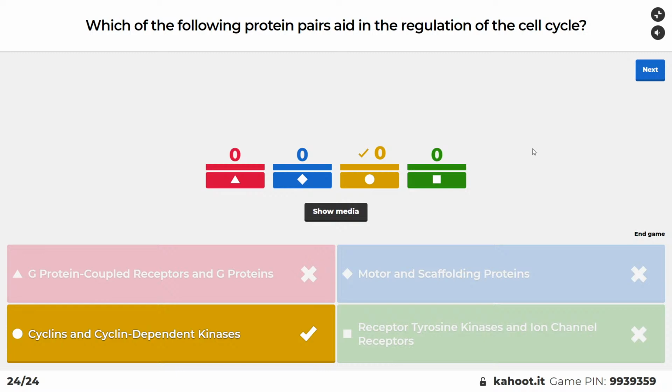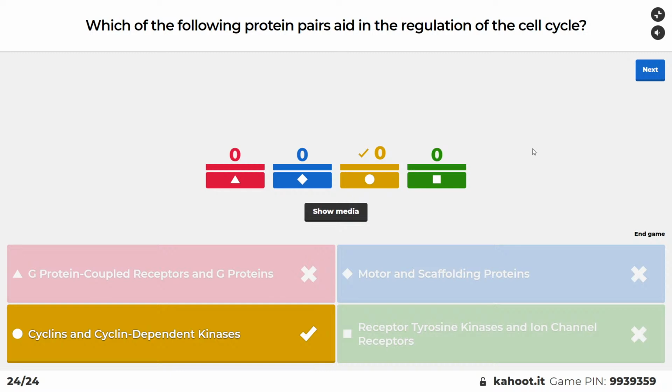So it is cyclins and cyclin-dependent kinases. I kind of was talking about this before. CDKs and cyclins, that's the checkpoints.